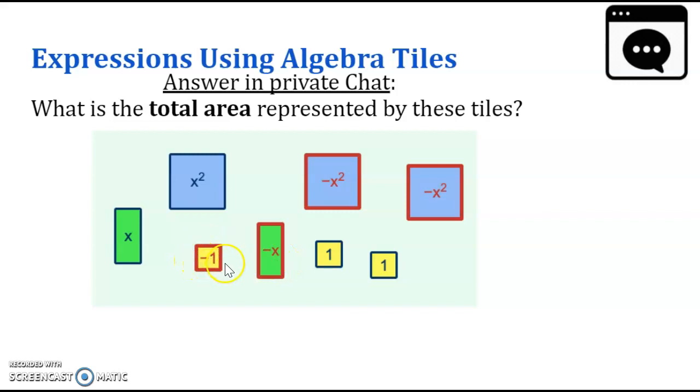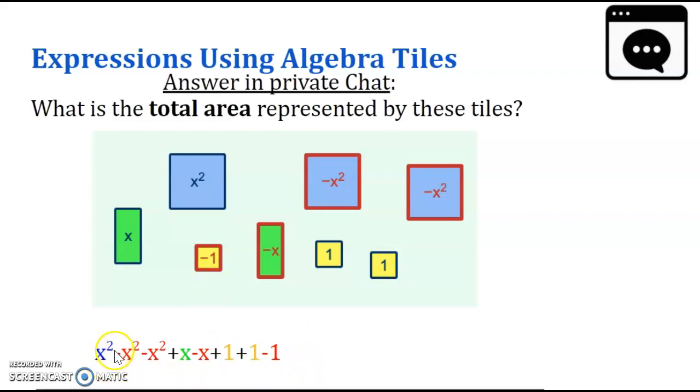When it has the red outline, it is the negative version of the same area. So what do you have? We have x squared, and we have a negative x squared and another negative x squared. And then we have x, but we also have another negative x, and then you have 2 1's and 1 negative 1.